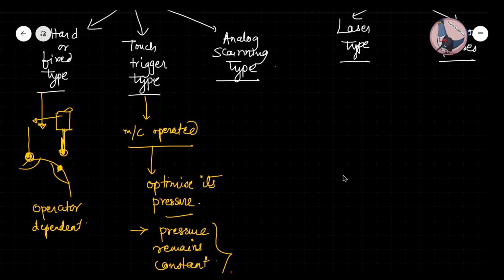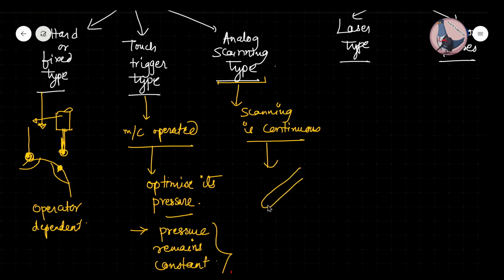Okay, then the third one is your analog scanning type. In this, the scanning is continuous. It is very similar to tracing a line with your finger. Suppose there is a line, this is your finger, and you move it across the line.